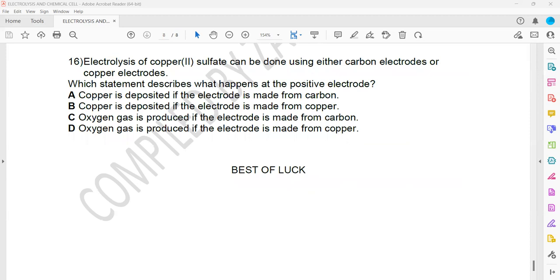Which statement describe what happened to the positive electrode? So there are two ways to do electrolysis. For copper sulfate, one we can use carbon electrodes. Another one we can use copper electrodes.